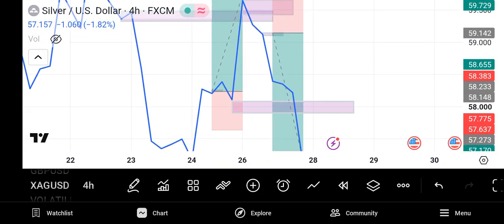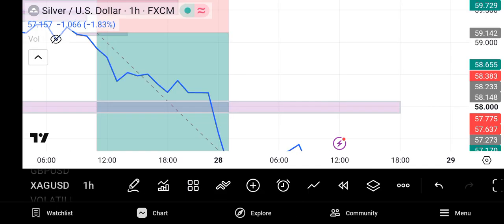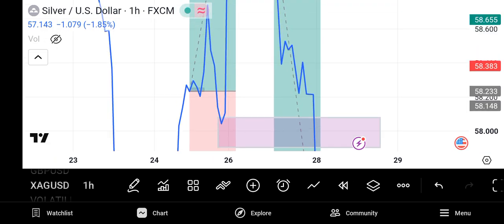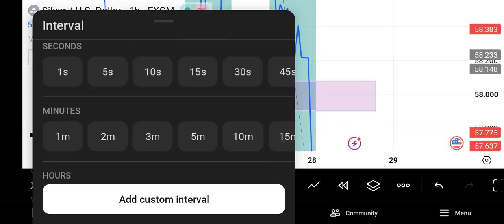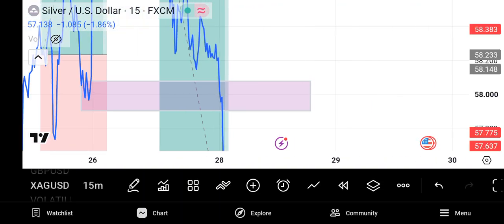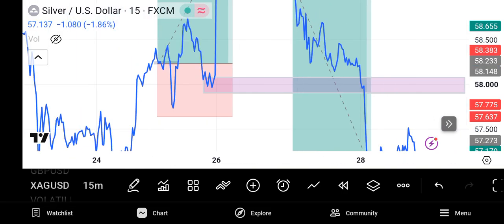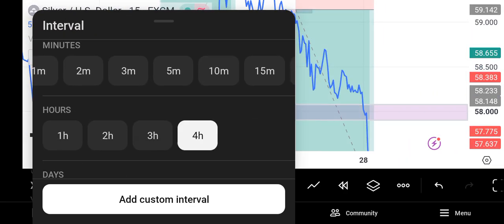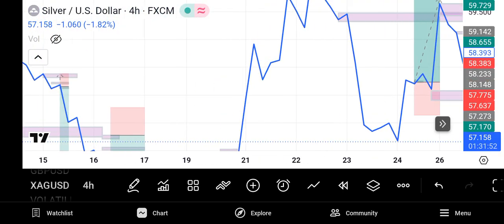Then if you see why it is down, because on the 1 hour time frame you see it is even more downward. Then 15 minutes. See the 15 minutes. If you mark it with the 4 hours, see where the position will be.